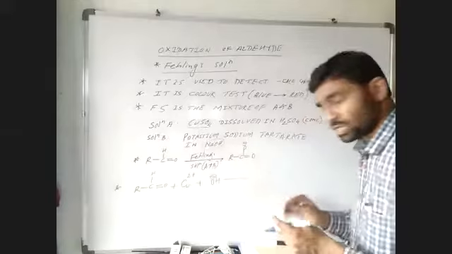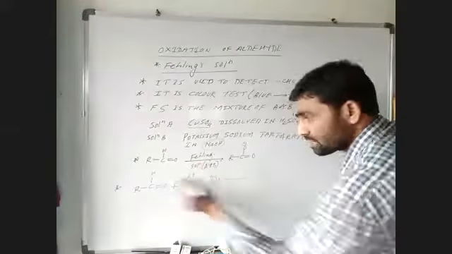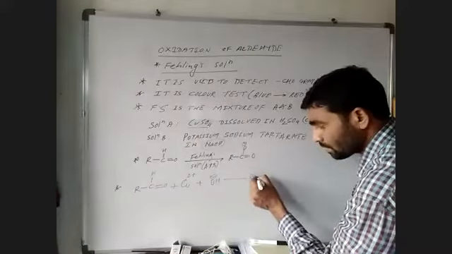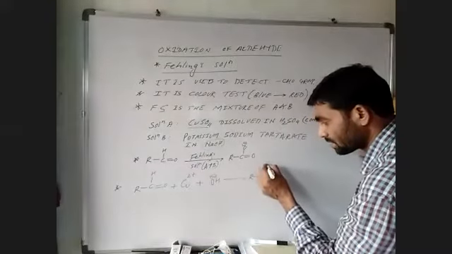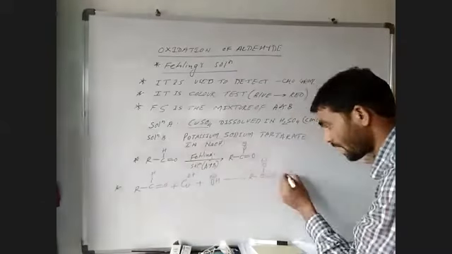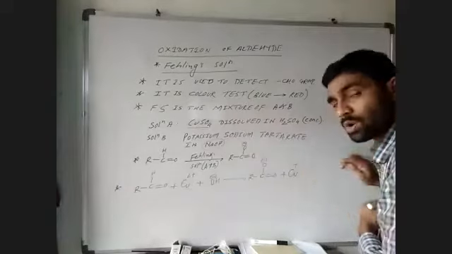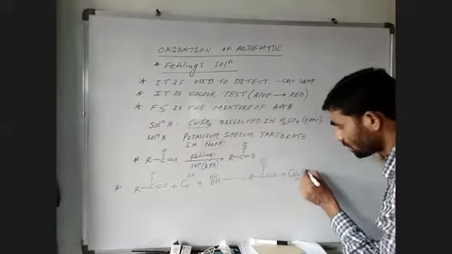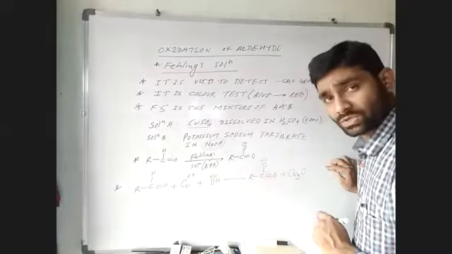Now write the changes. First we will write the changes. See here, this becomes carboxylate. Carboxylate means it is oxidized, right? And this copper 2 plus becomes copper 1 plus. In fact, this forms copper oxide 1, cuprous oxide, as it is also named.